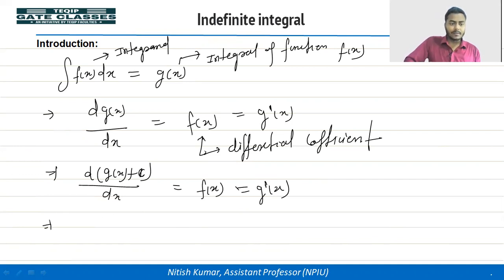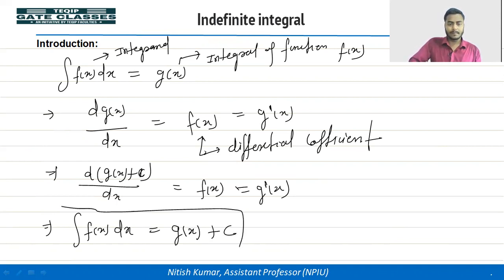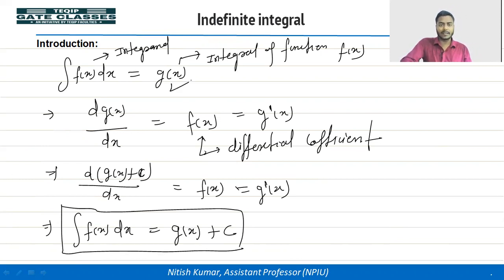So in this case, the integration of f(x) with respect to x, we have to write g(x) plus c. If you have the function g(x), the differentiation gives f(x). If you have the function g(x) plus c, we can also get f(x), because the differentiation of a constant is 0, right?